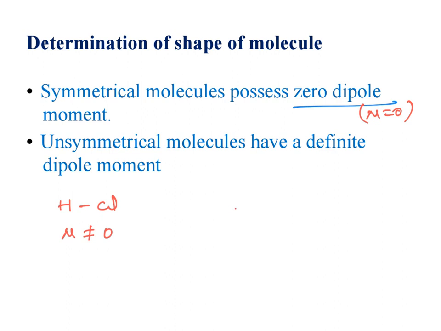Let's take another molecule, Cl2. It is homonuclear, so the dipoles mutually cancel and the dipole moment comes as 0. So for diatomic molecules with linear geometry, homonuclear molecules show 0 dipole moment, but heteronuclear molecules show some definite dipole moment.